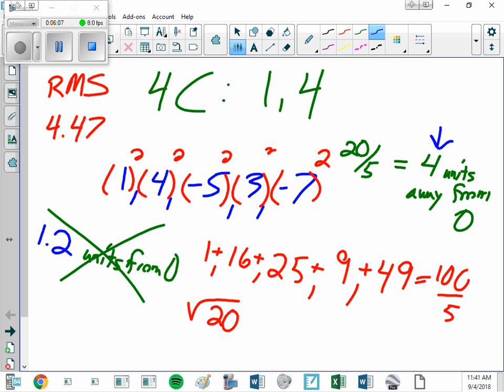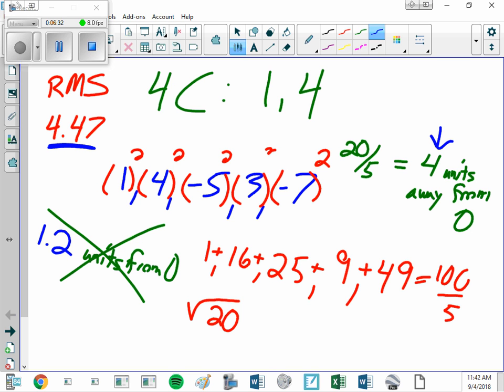Instead, we are going to use the root mean squared, and you'll notice the root mean squared is larger than the absolute mean. That will always be the case. It will always be slightly larger. And the fact that it's slightly larger is one of the many reasons why we prefer to use it.